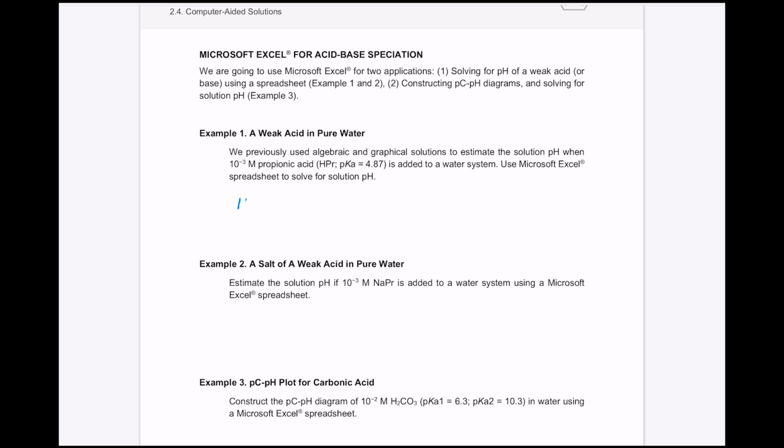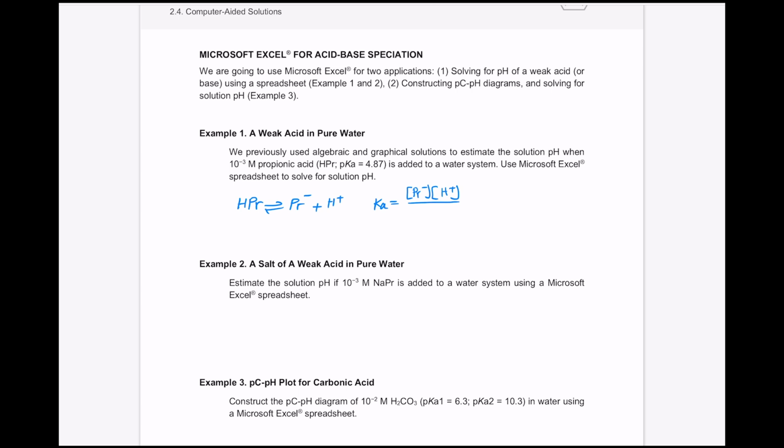So just to refresh your mind, this was a monoprotic acid that dissociated to PR minus plus H plus, and then we had this Ka value representing the ratio of activities, but here, for the sake of simplicity, we use the ratio of concentrations.